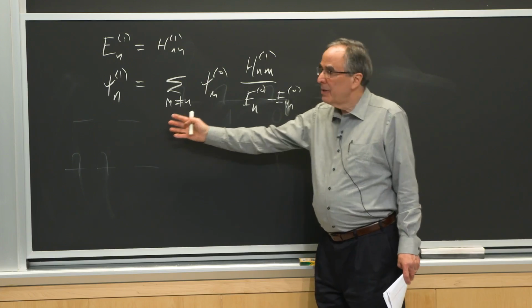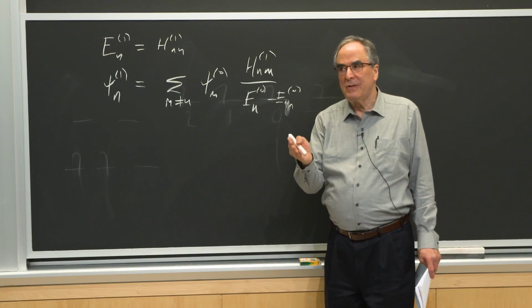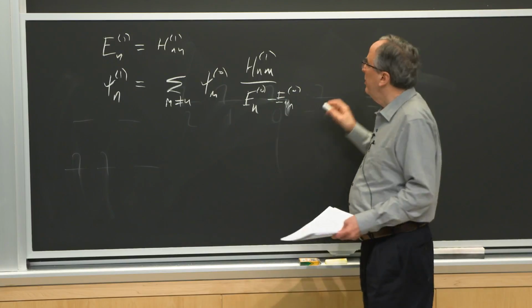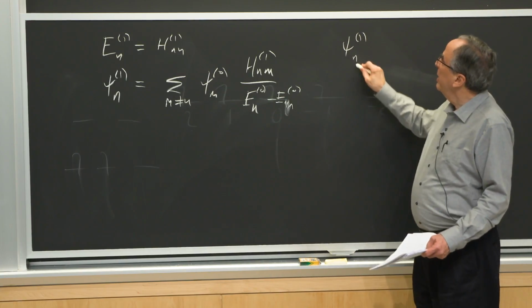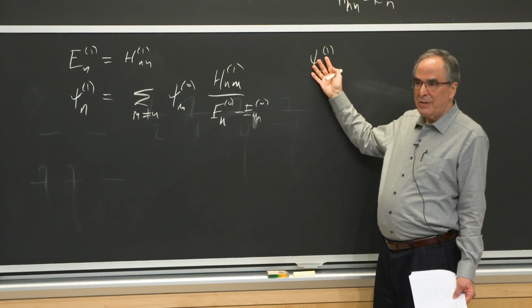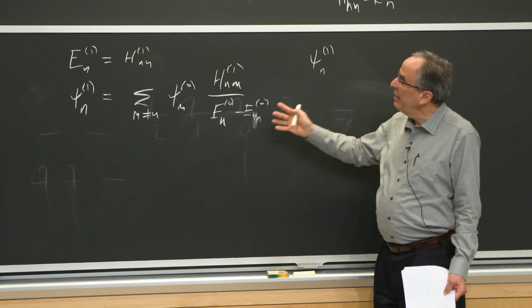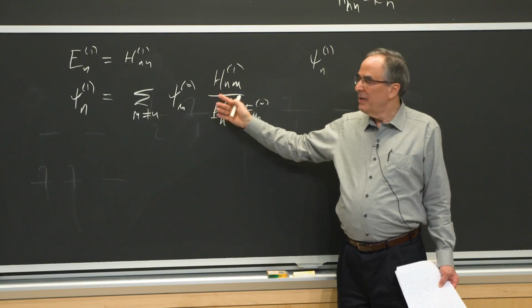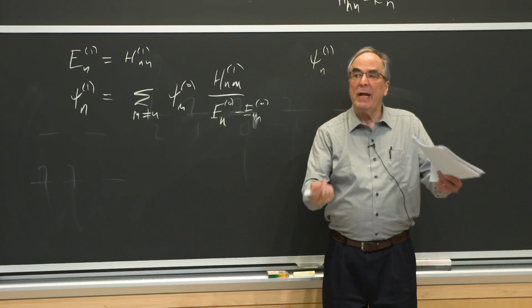Okay, so what did I do here? I said the wave function, we have completeness. So if we want the first order corrections to the nth wave function, we can write this as a linear combination of the zero order wave functions. And when we do that, we end up with this formula. This is the mixing coefficient, and these are the states. Now, why do I exclude n? Because we already have it.